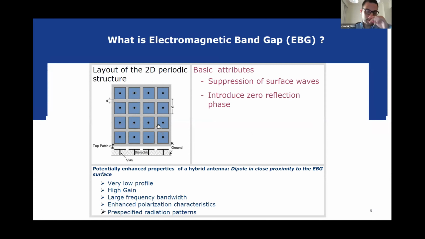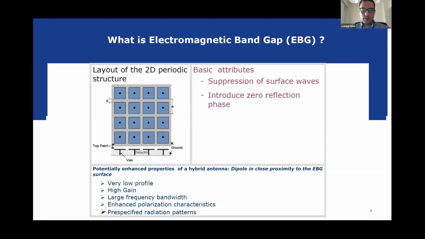Above and below them, we have metallic pins, the vias, which are connected to a metallic ground plane, and all of them are embedded in the dielectric layer. Their basic attributes that make them attractive for modern microwave applications are their ability to suppress surface waves and the fact that they introduce zero reflection phase.